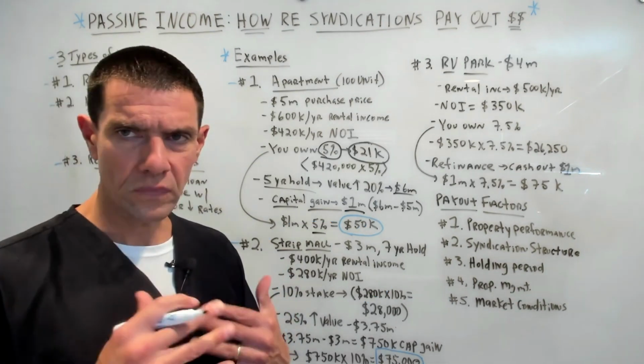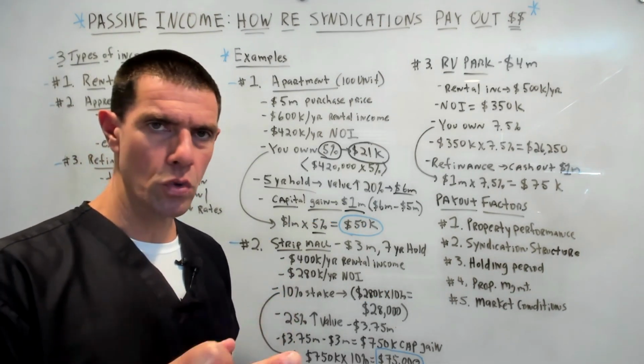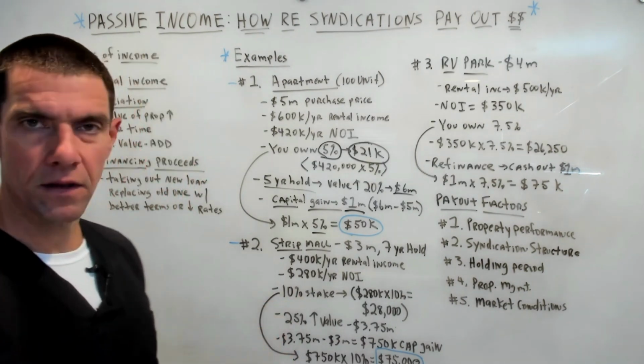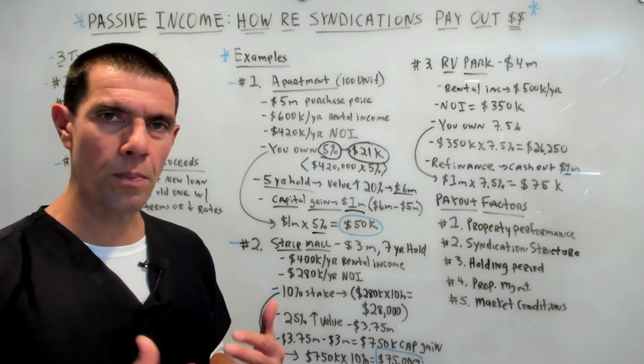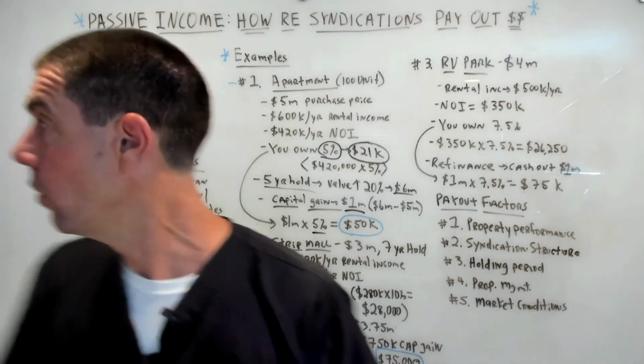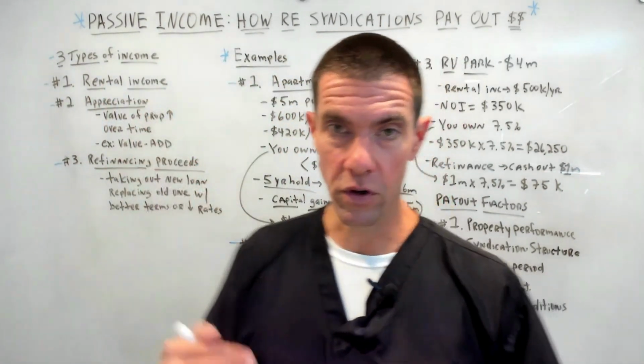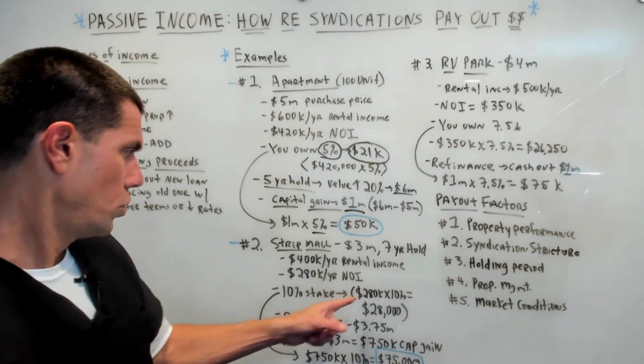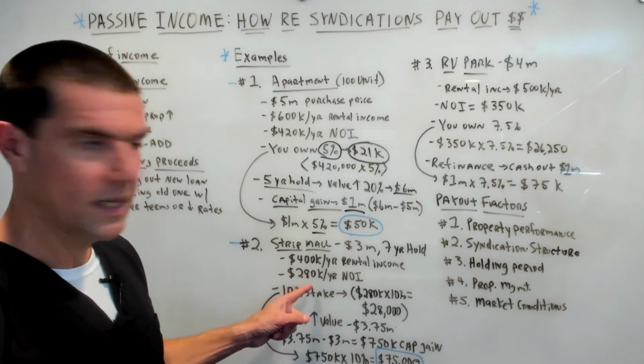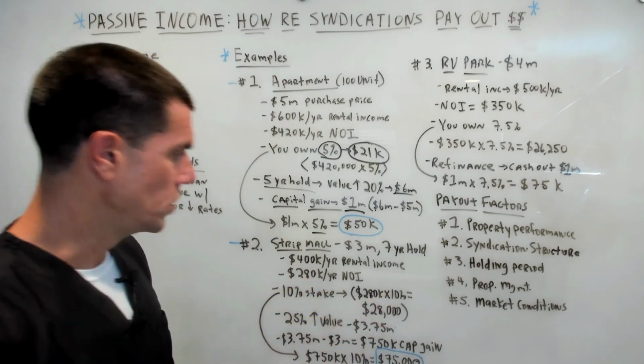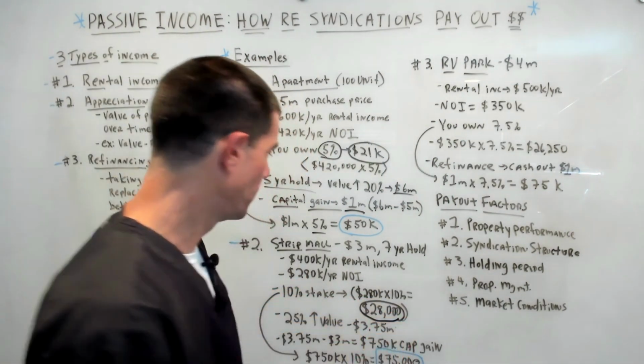As a limited partner, you own a 10% stake in this syndication. So your annual passive income from the rental income would be the $280,000 in net operating income times 10%. So you would have $28,000.